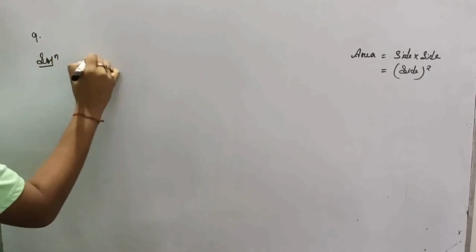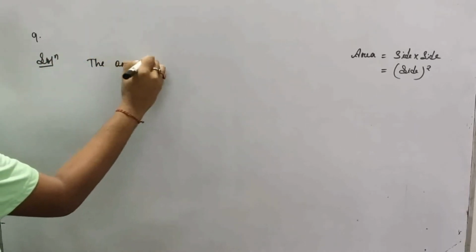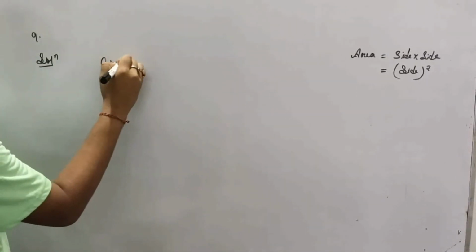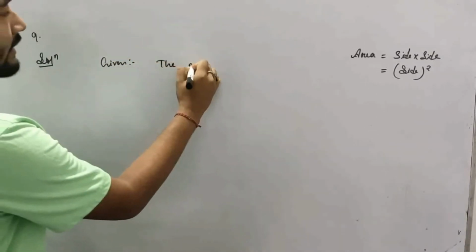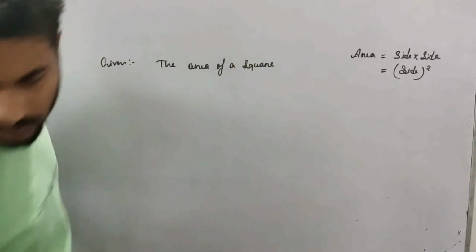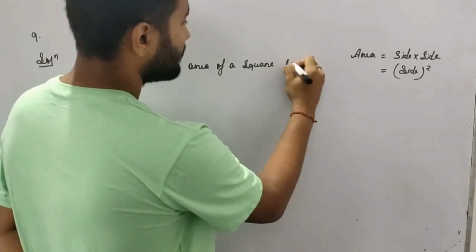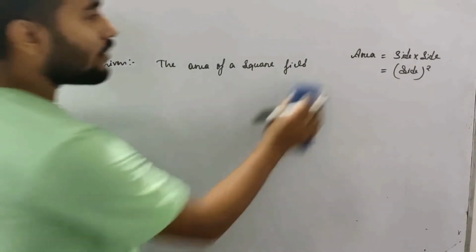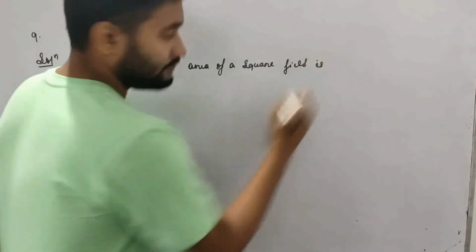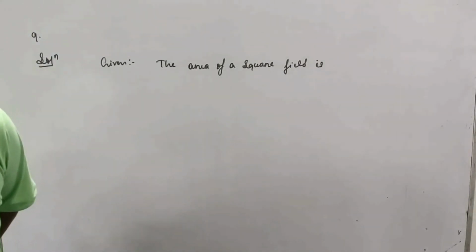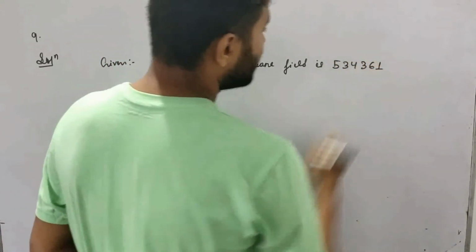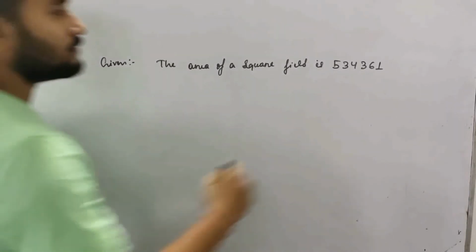Solution. Given, the area of a square field is 534,361 square meter.